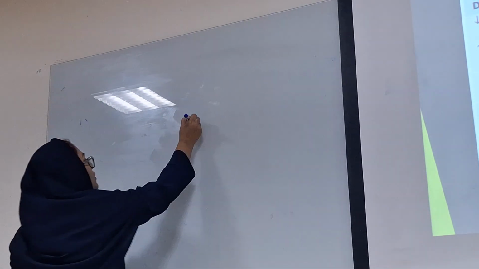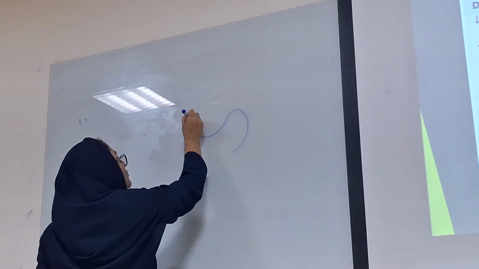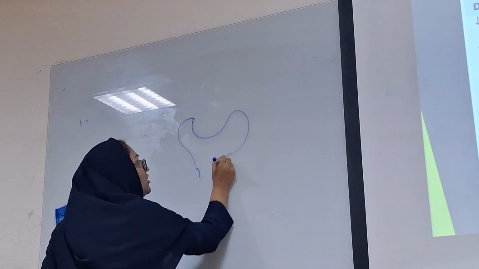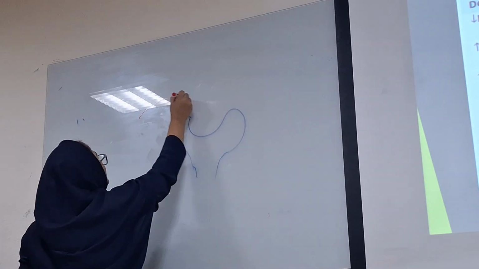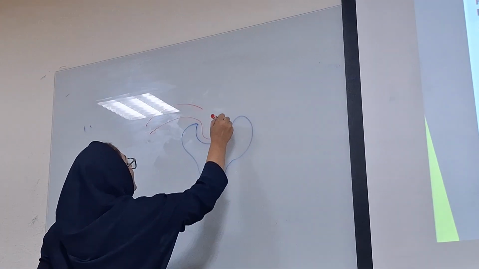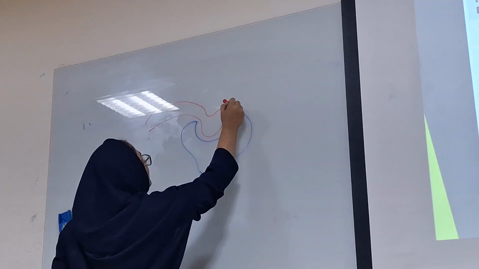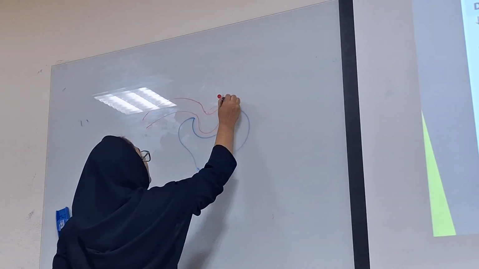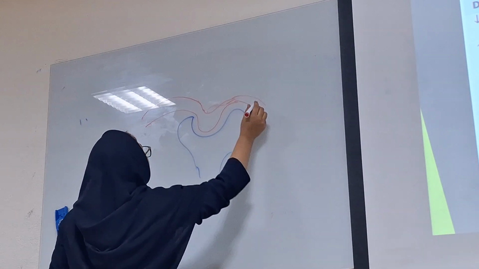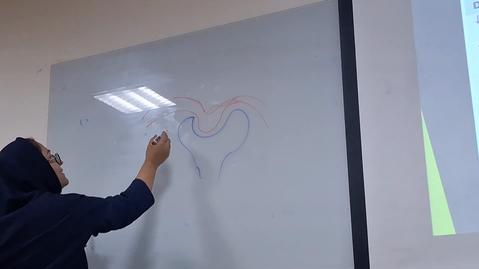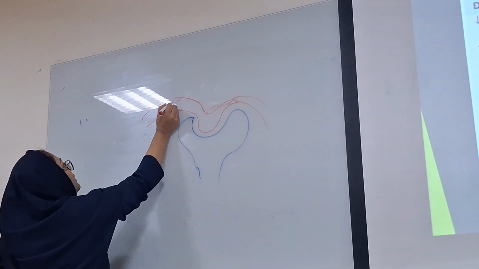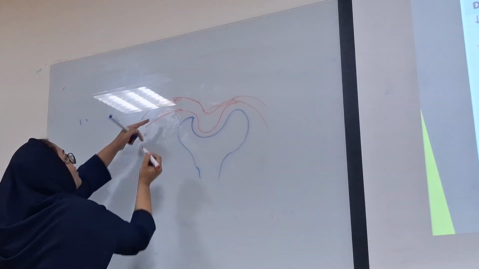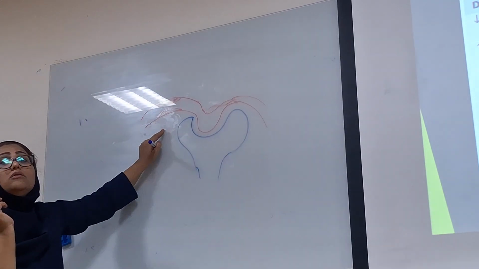Bowman's capsule. We will talk about this area, not the tubes. Afferent arteriole, capillaries, and efferent. Now suppose that I increase the resistance of the afferent arteriole.